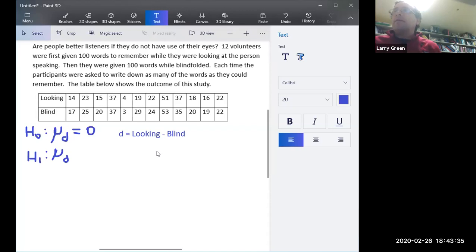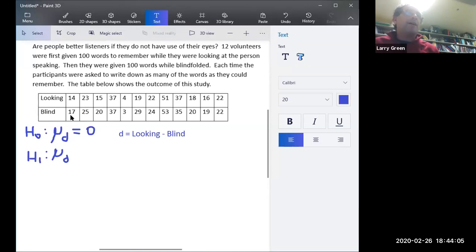All right. So notice, for example, we want to find out if people are better if they do not have use of their eyes. That means the blind people do better. Well, if the person does better blindfolded, that would be like this first person with 14 and 17. And notice if you take looking minus blind, you get a negative number. 14 minus 17 is negative 3.